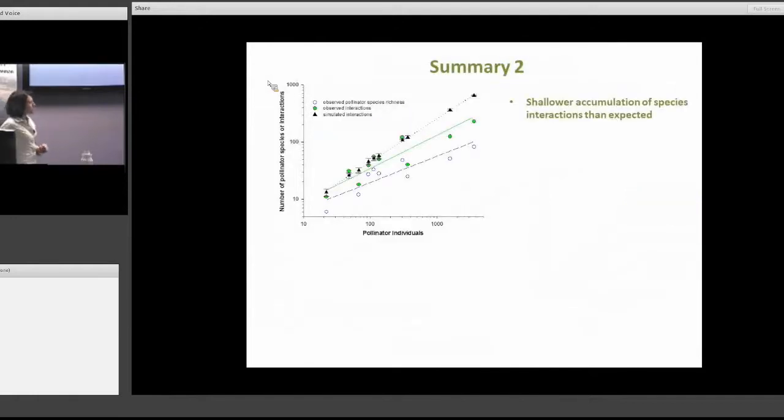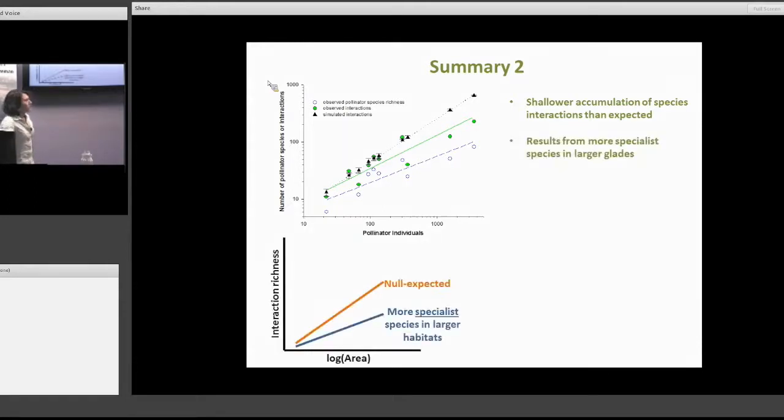Just to summarize these sort of mathy results here, we saw a shallower accumulation of interactions than might be expected just by sampling. And this resulted largely from shifts in species composition, to there being more specialist species present in larger habitats.